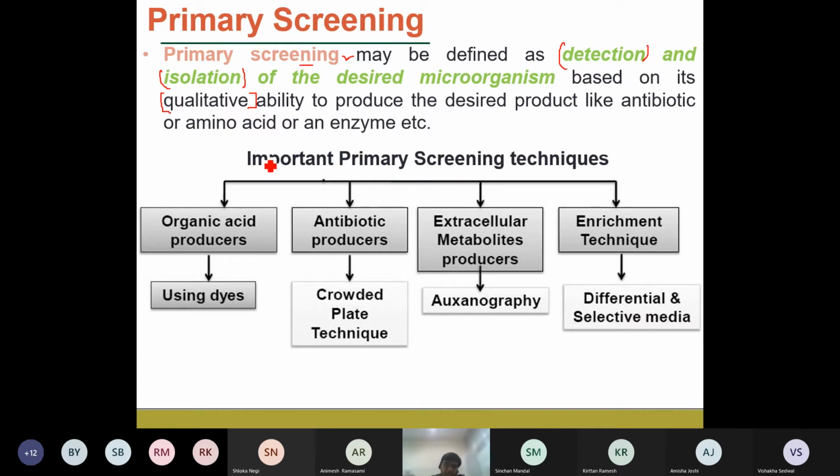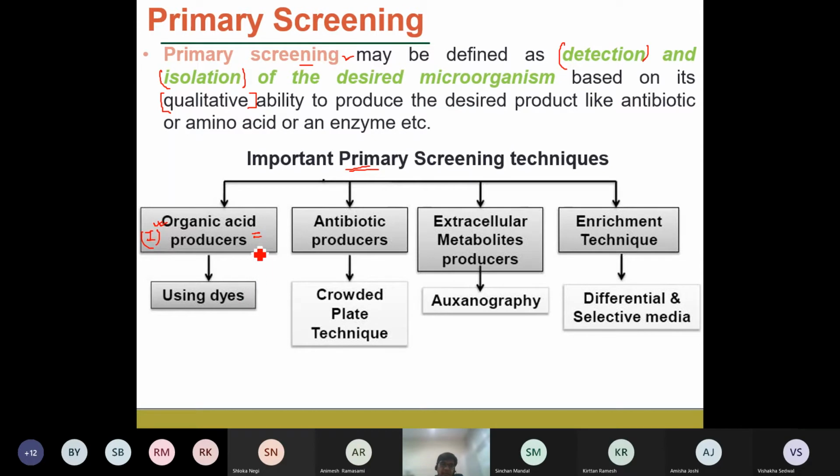Now, the primary screening techniques are generally of four types, classified depending upon the biochemical produced by the microorganism. The first classification is the organic acid producers, in which some sort of acid is produced by the microbes.